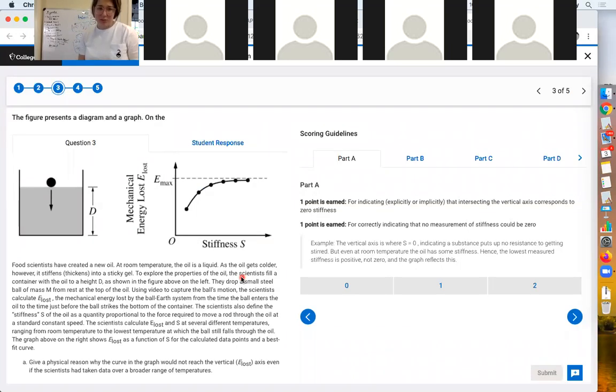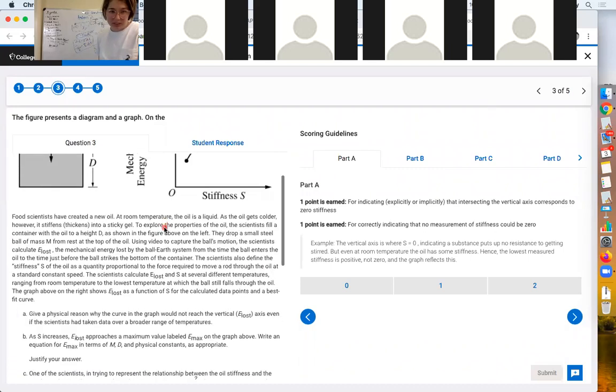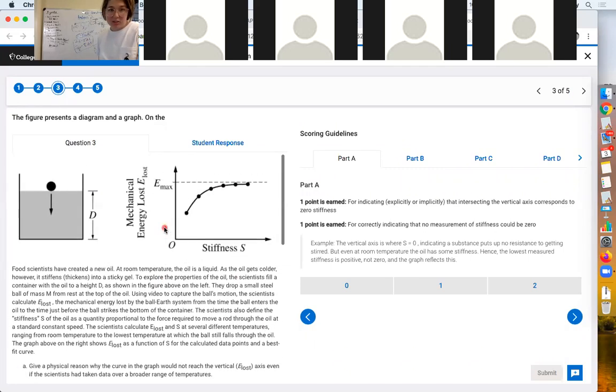No matter what temperature they take it. I thought part B was it wouldn't. Oh, okay, never mind. It's talking about the vertical axis, right? Yeah, it's talking about the vertical, sorry. Okay. Part B is E max. So they're asking, and this is one of the confusions that a lot of people have. Ooh, this board is getting ugly.